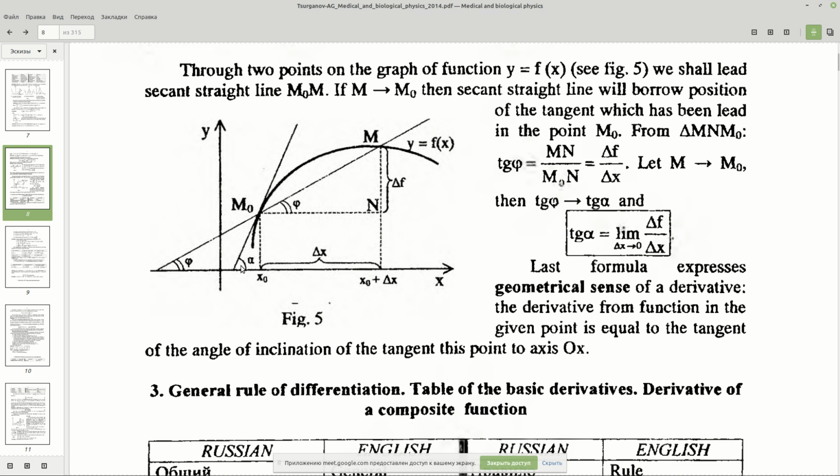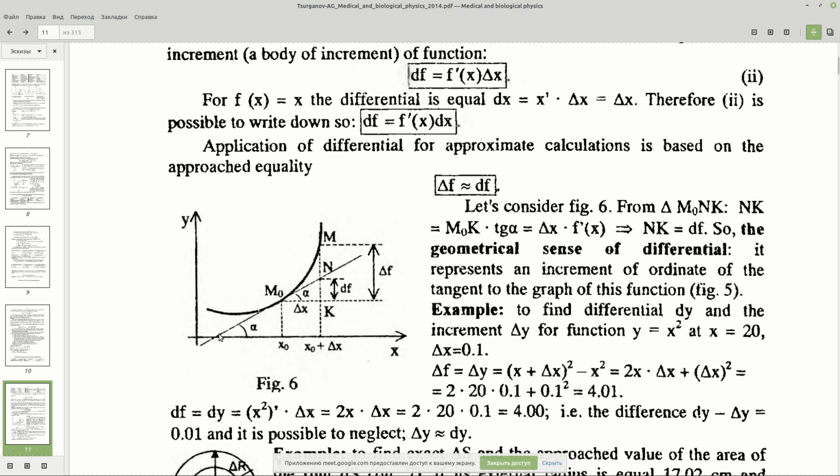Example: find the differential dy and the increment delta y for the function y equals x squared at x equals 20, delta x equals 0.1. So delta f will be equal to delta y.